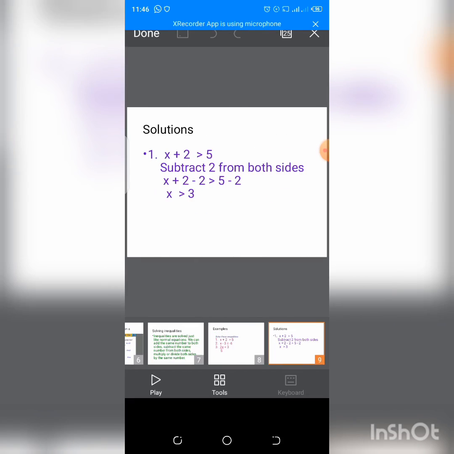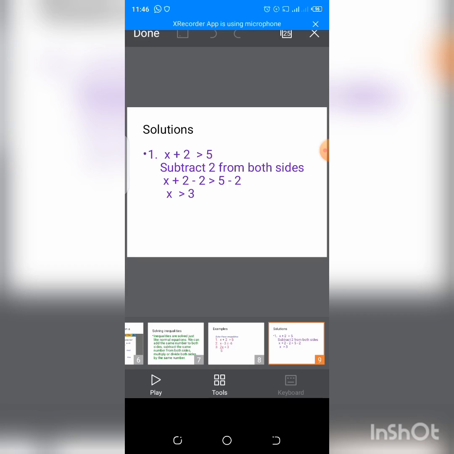The first one, x plus 2 is greater than 5. Since we have plus 2 on that side, we will subtract 2 from both sides, and that leaves us with x is greater than 3. So we say the range of values for x is x greater than 3.